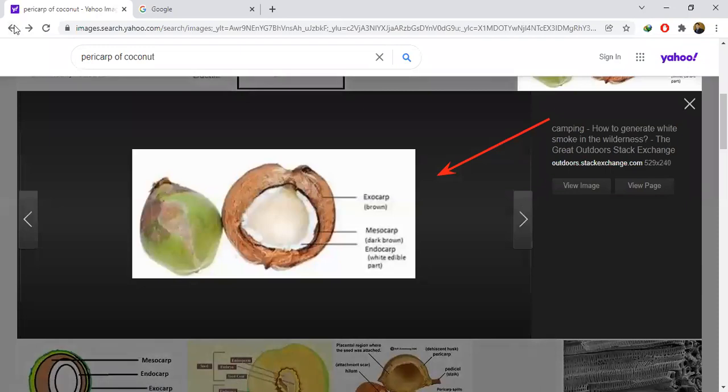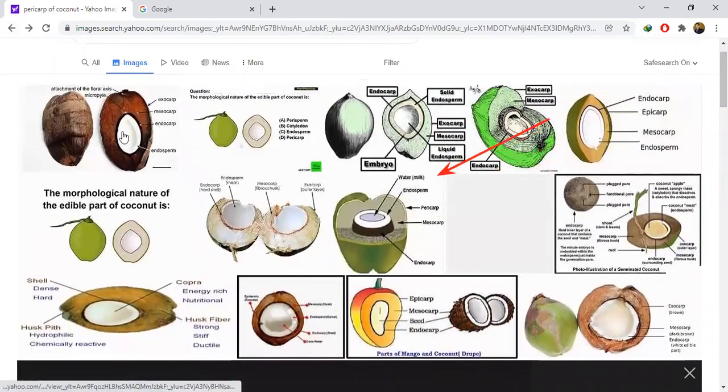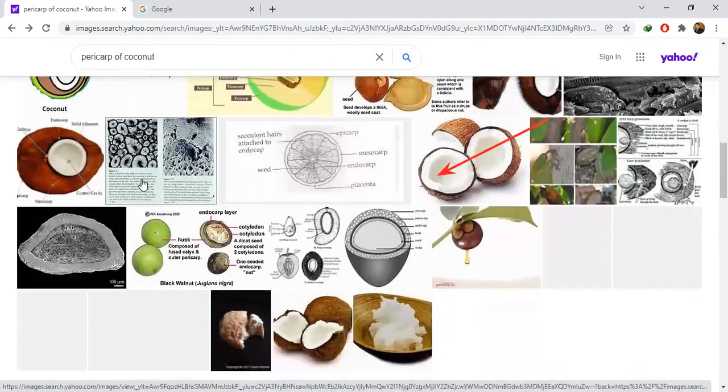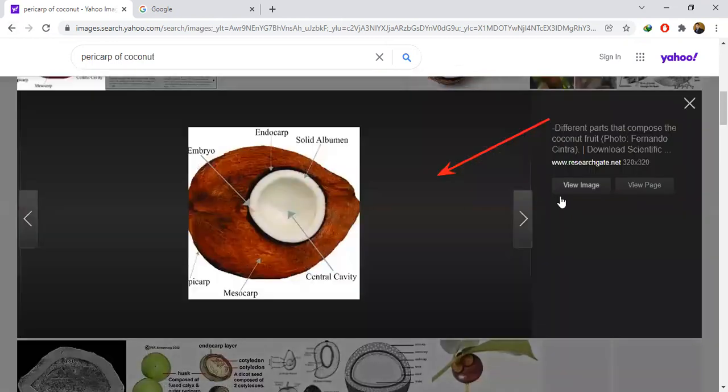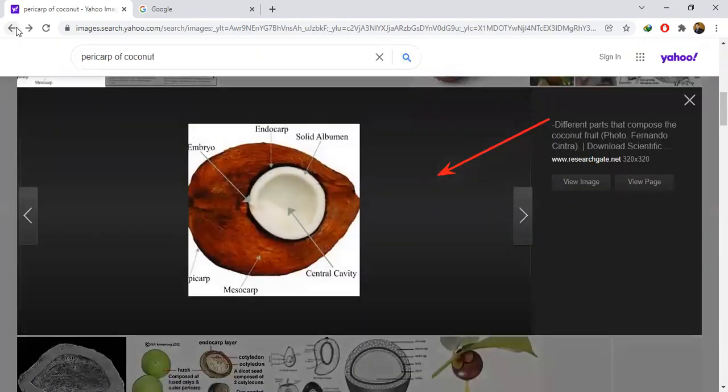This pericarp, this fibrous layer, is useful. It is helping the coconut to float in the water. It is an air-filled area, light-weighted, helping it to float in the water.